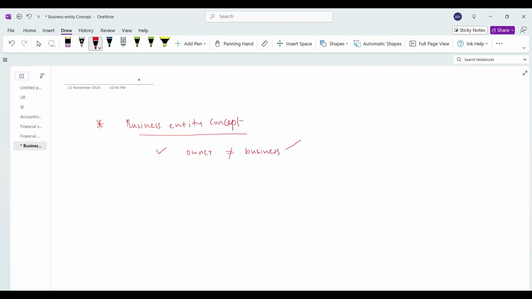The business might be sole trader, the business might be partnership, the business might be firm, or it is a company or any other entity. So from the generally accepted accounting principle, owner and business not one and the same. Business is treated as first person.